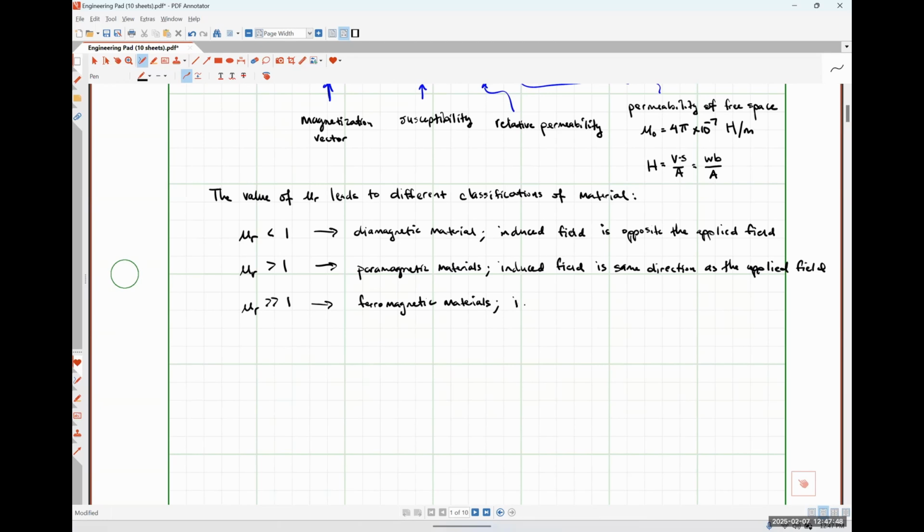And the induced field greatly enhances the applied field. So ferromagnetic materials are usually going to be, so the name literally means iron-related materials, but when we think about permanent magnets, those are usually ferromagnetic materials.